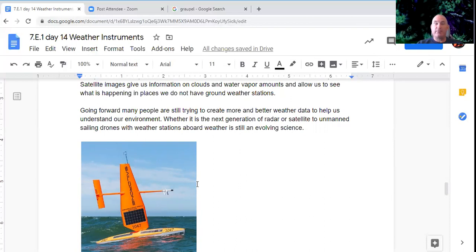satellite weather data, current air temperature, current sea temperature, which is important, especially if you're talking about hurricanes, because the warmer the water, the more powerful a weather system that could potentially form into a hurricane can get in that area.